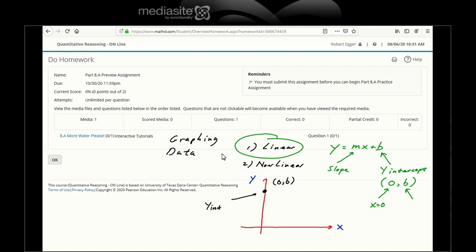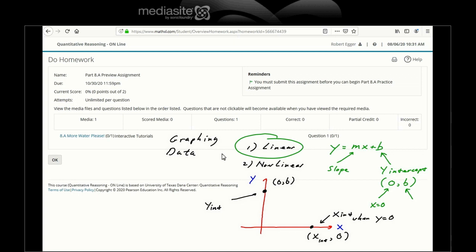We will also be discussing something called the x-intercept. Well, that occurs when y equals 0.